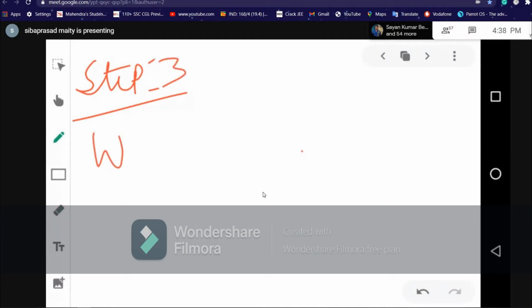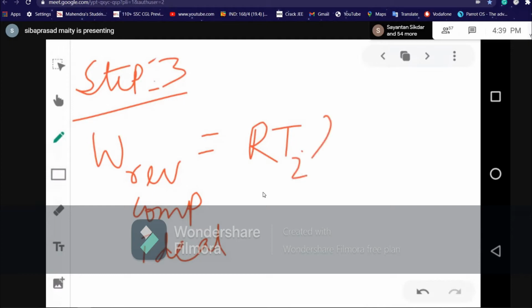That was the reversible compression of 1 mole ideal gas. Same formula, RT2 ln, probably V4 by V3. Am I right? Yes, V3, V4 by V3. Let us write this is equal to W3.